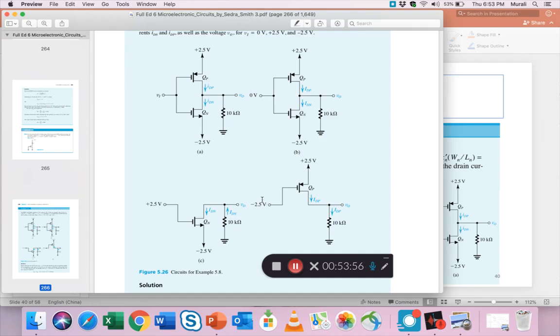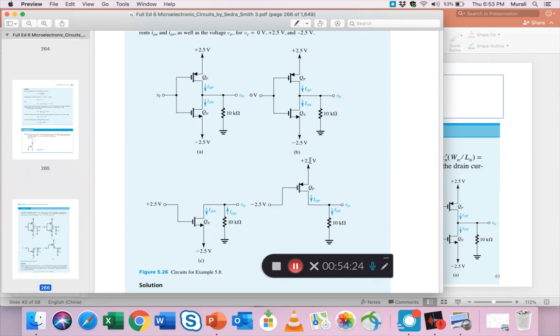Similarly, when you apply a negative voltage at the gate, the NMOS turns off and only the PMOS appears in the circuit. So by applying a plus 2.5, you only have to solve an NMOS circuit, and when you apply a minus 2.5, you are only solving for a PMOS circuit.